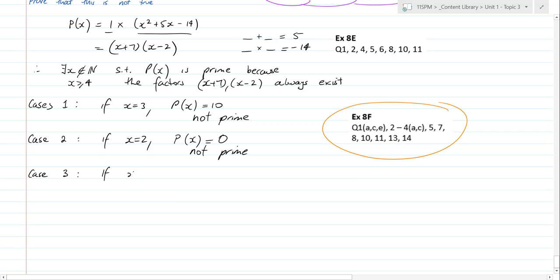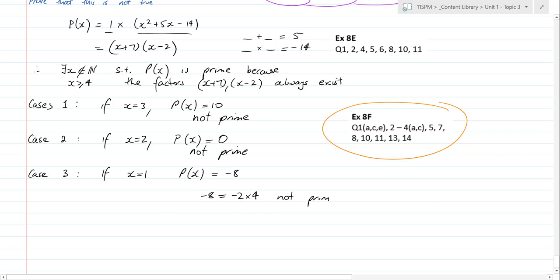If x is equal to 1, p of x is equal to negative 8, and either we go with the definition that prime numbers have to be positive, or we say negative 8 is equal to negative 2 times 4, which is not prime.